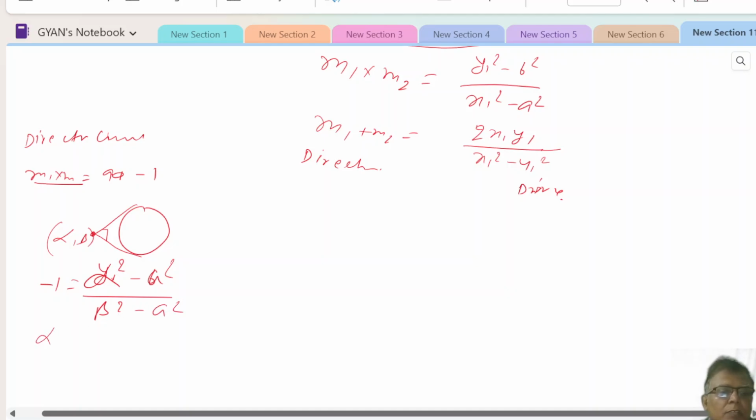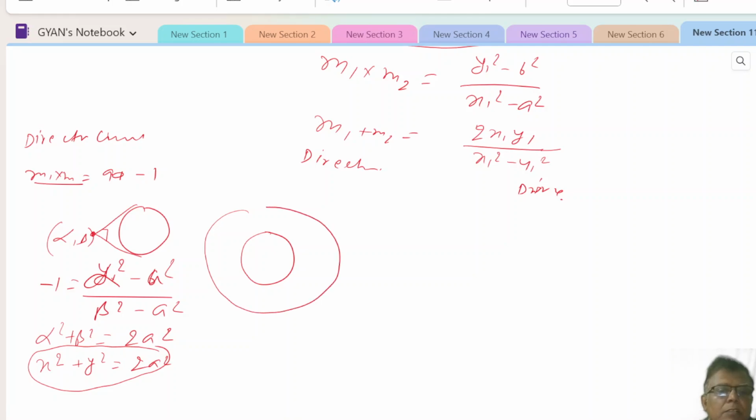That means alpha square plus beta square is equal to 2a square. So now replace alpha by x, beta by y: x square plus y square is equal to 2a square. So this is the director circle of the circle. From any point on this, if you draw the tangents, they will give you 90 degrees.